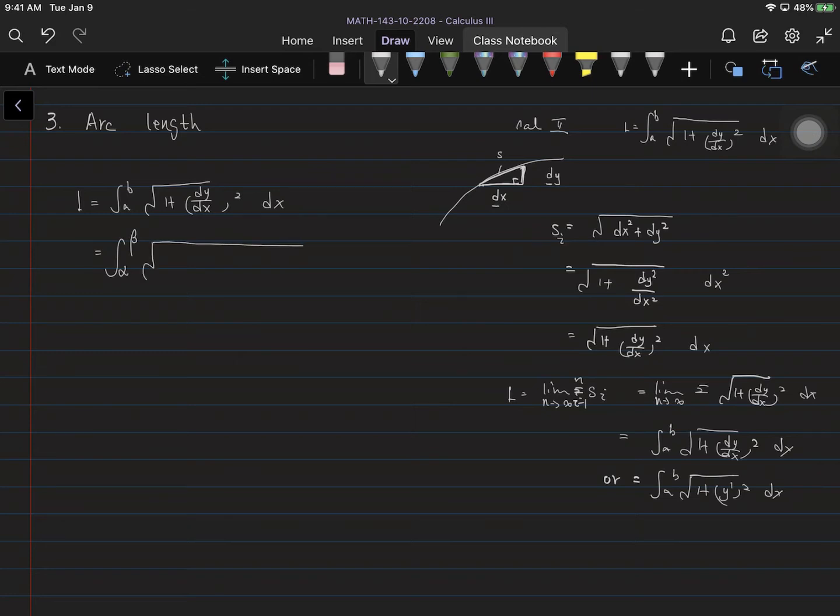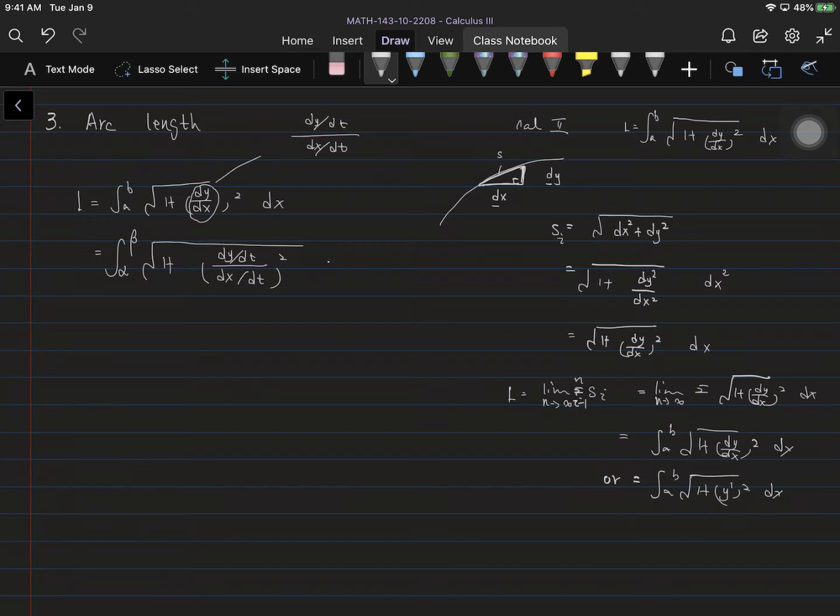And here, let's see. The derivative dy dx for a parametric curve is dy over dt over dx over dt. We studied this at the beginning of this section, right? Derivative, that's the first thing we learned. So it's going to be (dy over dt over dx over dt) whole thing squared.